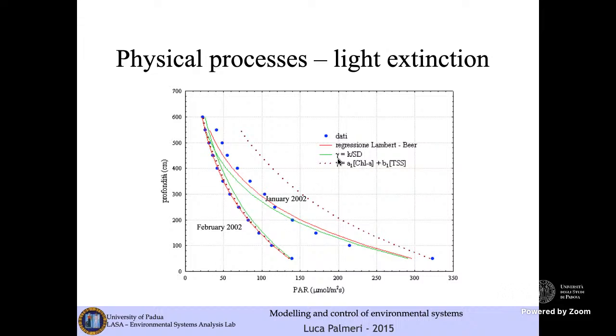The blue dots are experimental data, and we may interpolate these data by employing the classical exponential decreasing model.